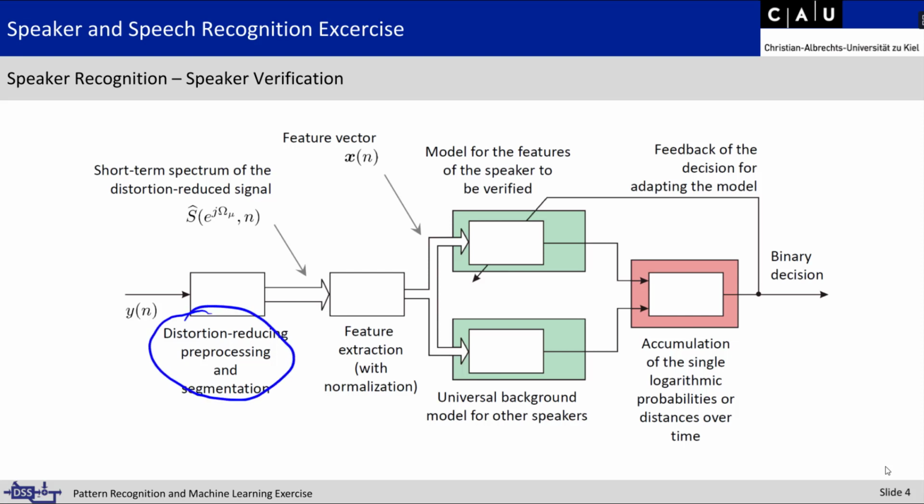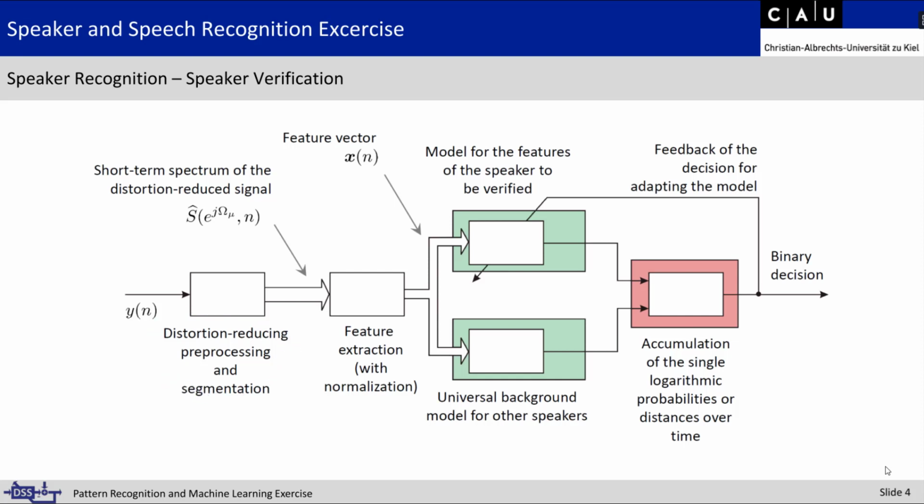In that part we want to make our input signal y of n as good as possible, so we can calculate the best version of that signal. So we want to reduce, for example, the noise and any sort of reverb. We also want to use only the speech signals, so we use segmentation, to get our chances as good as possible for recognizing the speaker of that speech signal.